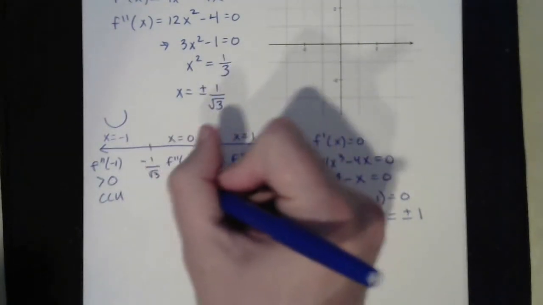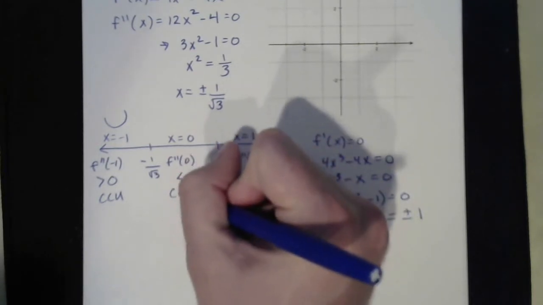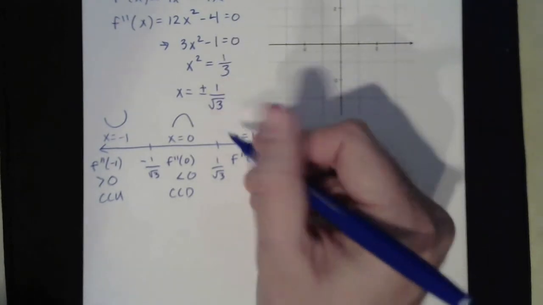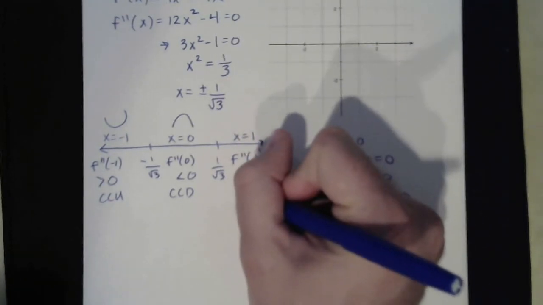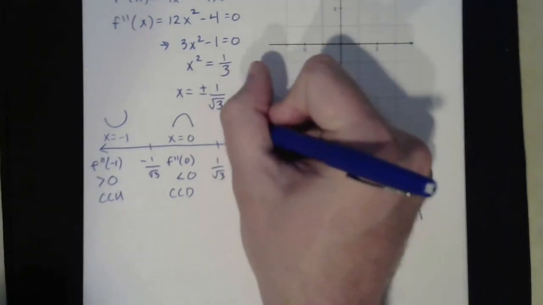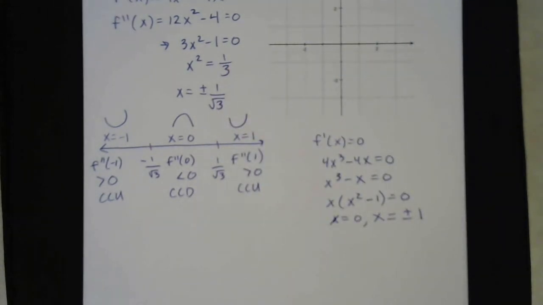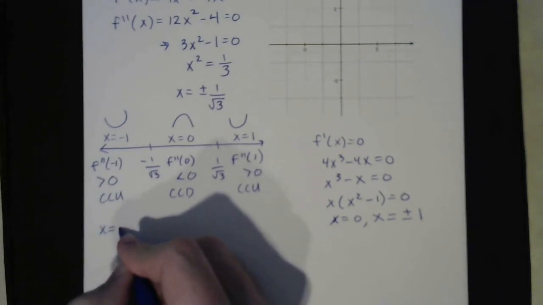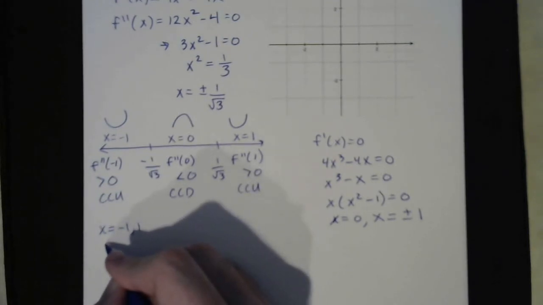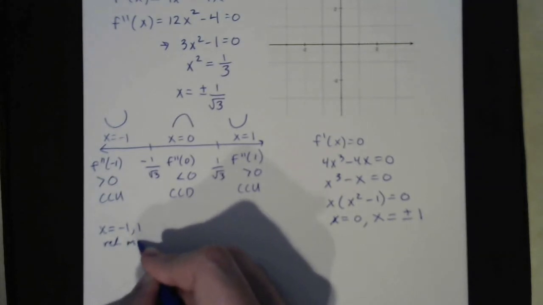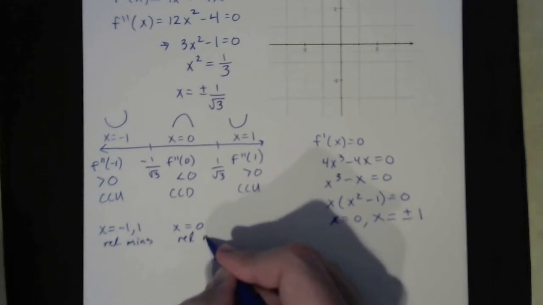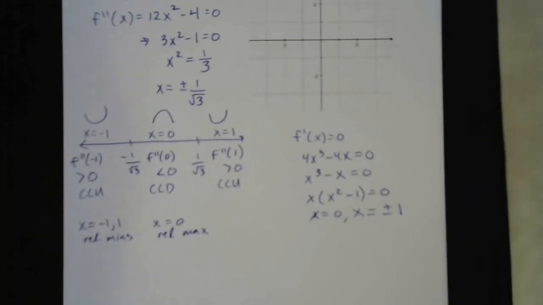When we plug in 0, we get a negative, so we're concave down. When we plug in 1, we get 8 again, positive, so this is concave up again. So this also tells us that x equals -1 and 1 are relative mins, and x equals 0 is a relative max. And we can work from there.